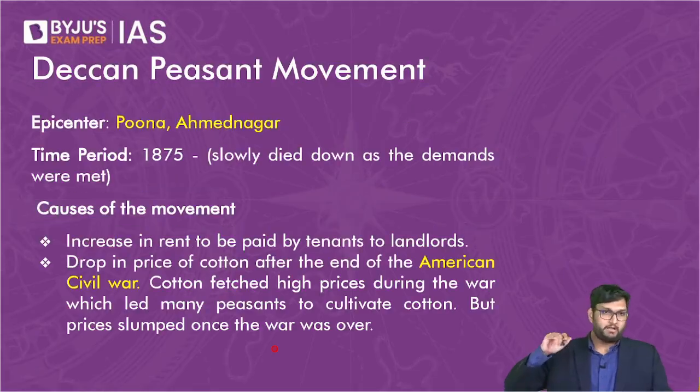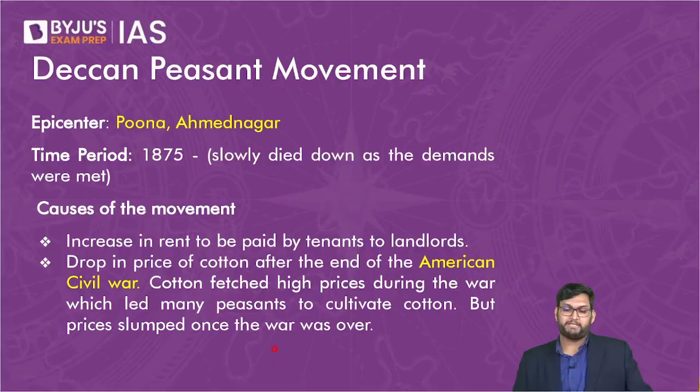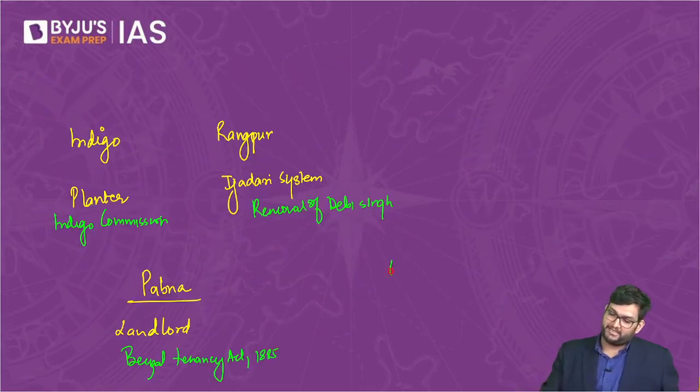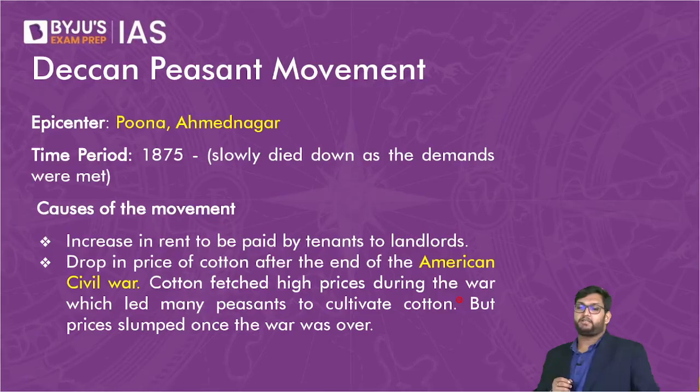So here again, the major personality or the agent which they will go against first is the British official, but the main is actually going to be the money lender. The Deccan riots again gives us a new taste because it was directed towards the money lender. Now let's talk about how it is the money lender who gets caught up.